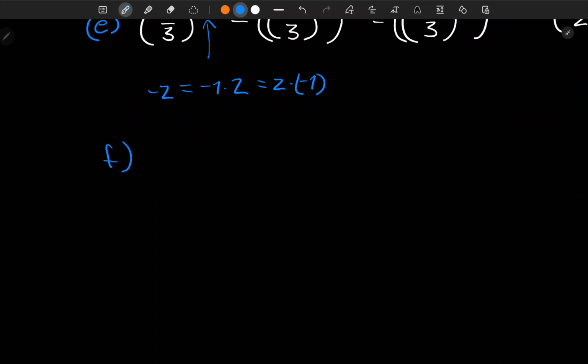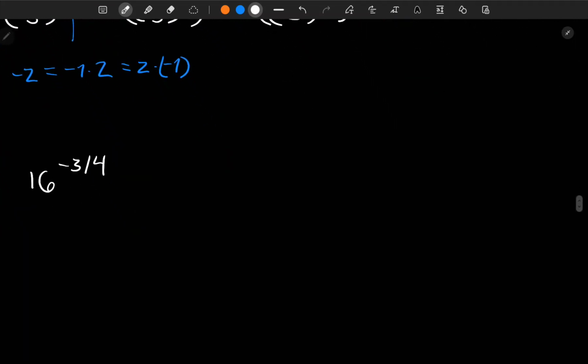Next, if I give you 16 to the negative 3 over 4, you should be able to say this is equal to, as we found before, we know that negative 3 over 4 is equal to negative 1 times 3 over 4, which is equal to negative 1 times 3 times 1 over 4.